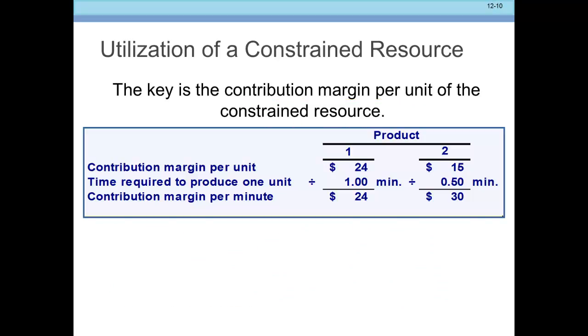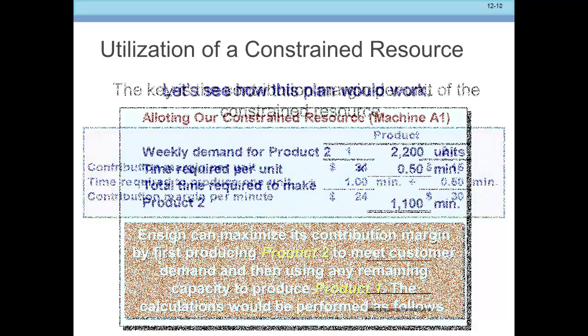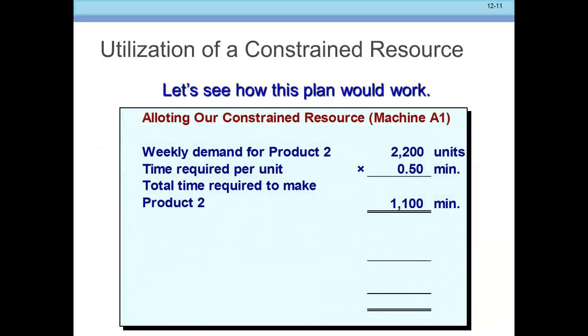Ensign can maximize its contribution margin by first producing product 2 to meet consumer demand and then using any remaining capacity to produce product 1. We start off by fully satisfying the weekly demand of 2,200 units for product 2, since that had the highest contribution margin per constraint.